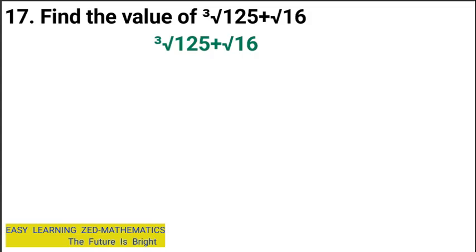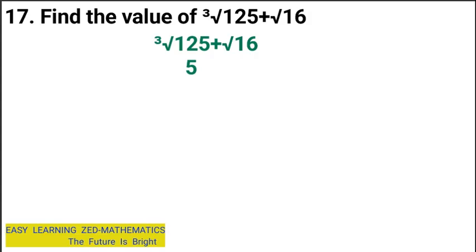When you multiply 5 by itself 3 times, it's going to give you 125. So 5 times 5 will give you 25. 25 times 5 will give you 125. Okay? Then, once I've found the cube root of 125, now we need to find the square root of 16. A square root is a number that you can multiply by itself twice in order to get a certain number.